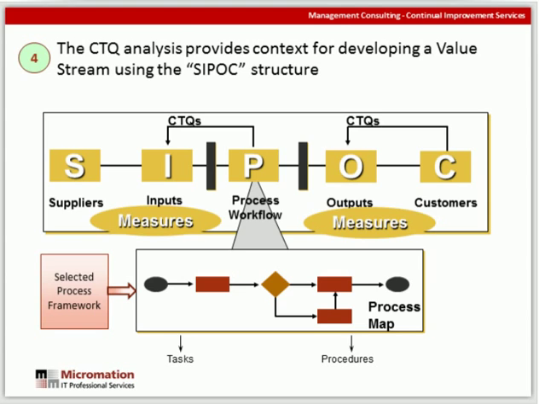And we'll need measurements around those, and measurements become very important. I'll talk to those again in a few minutes, to build basically the flow and to be able to manage it. So once we understand those critical to quality elements and the measures, we can then build the process workflow at a mid-level using the selected process framework.